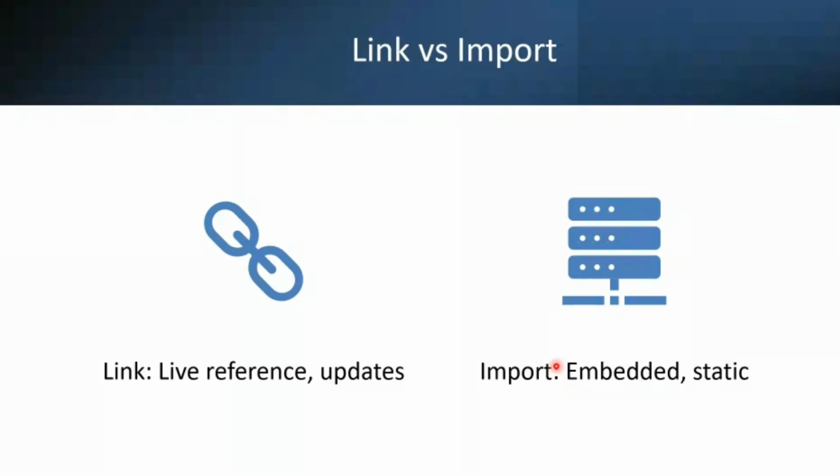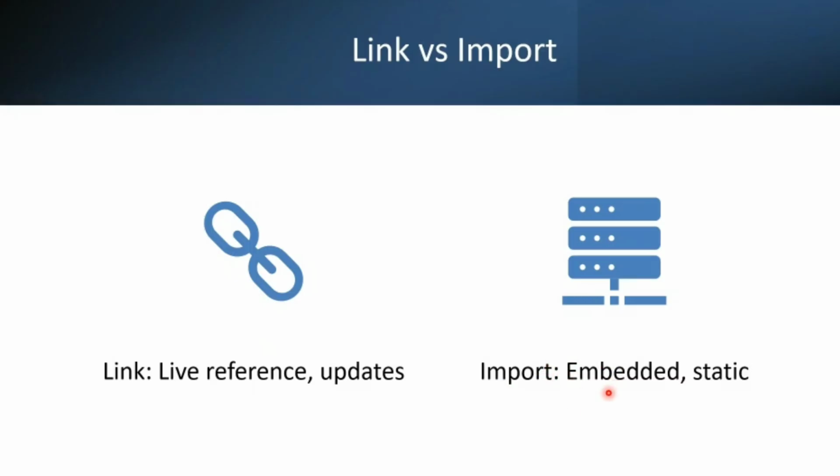Using these files is critical, and the way you use them is that you either link or import them in your model. Linking keeps the collaboration and coordination, and you can keep yourself updated. You can collaborate and communicate with the people responsible for those files, architects, surveyors, and so on.